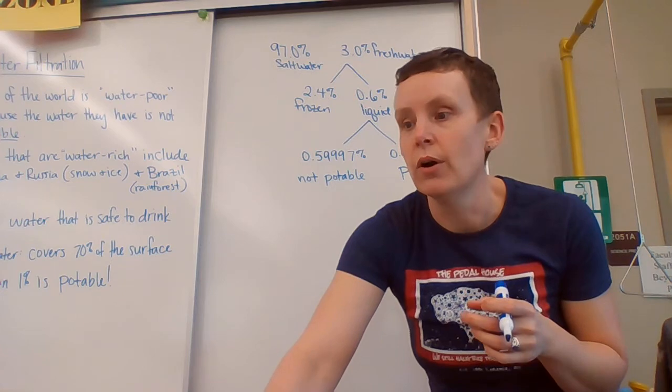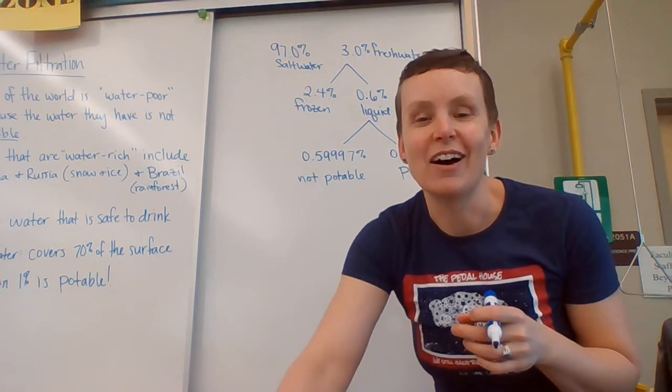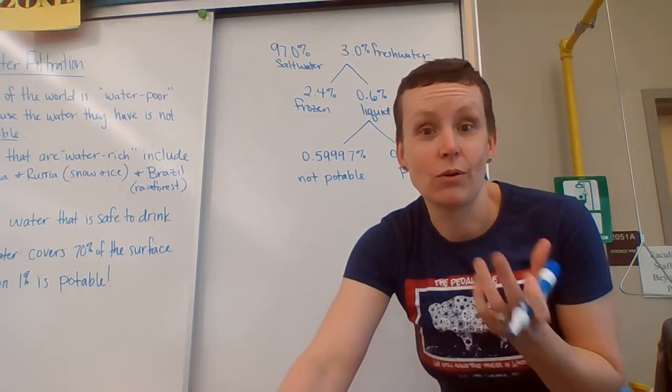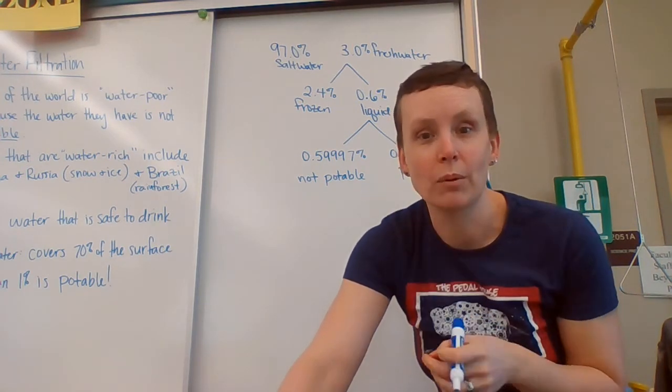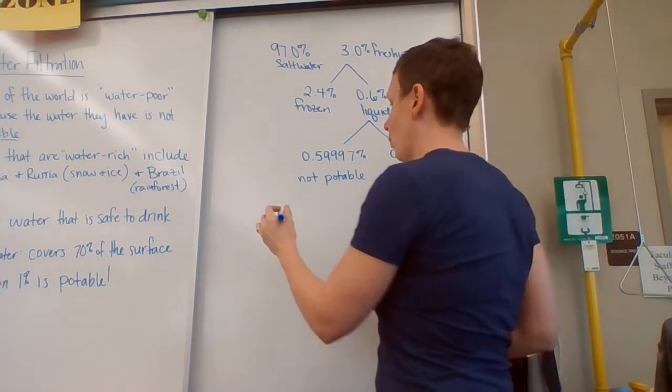We're going to talk about water filtration because this is an important thing to do in order to get some of that non-potable water to be potable. Okay, so ways to clean water.